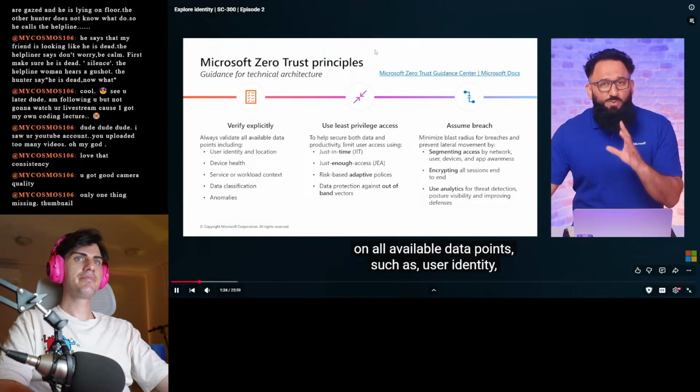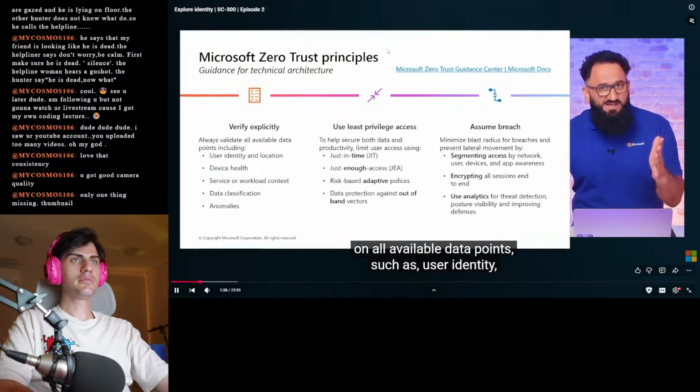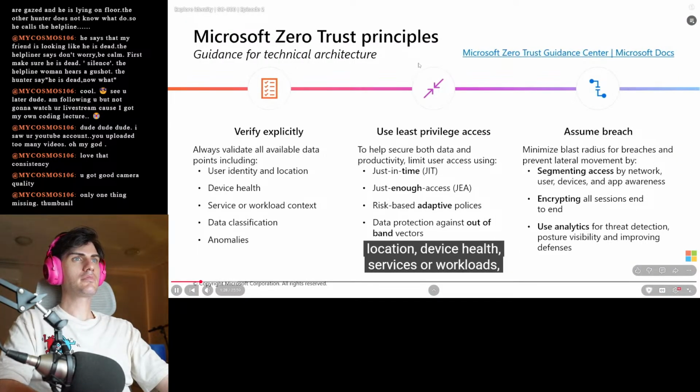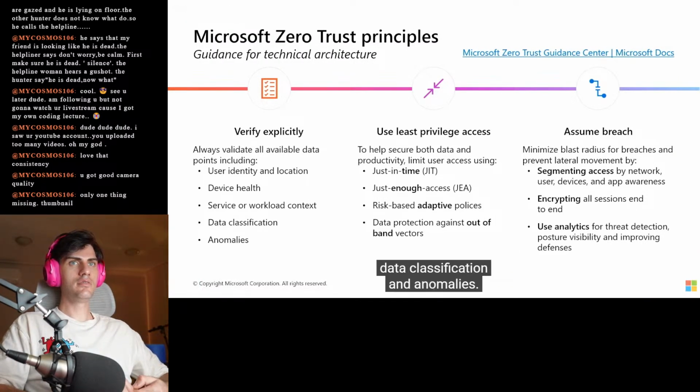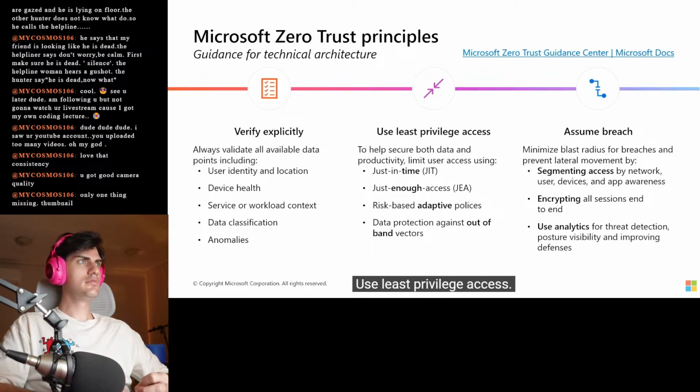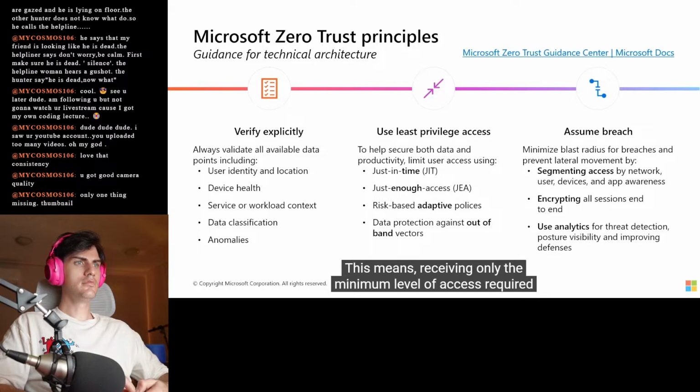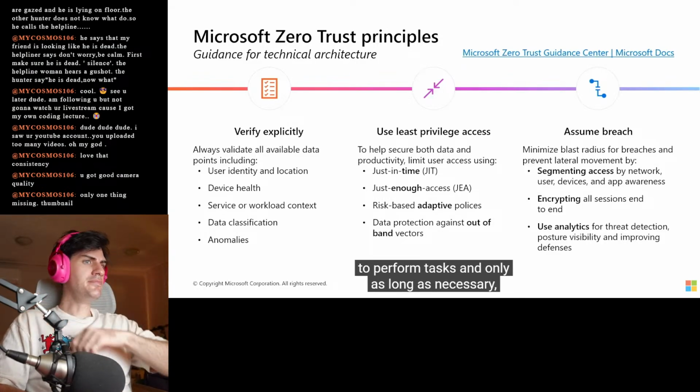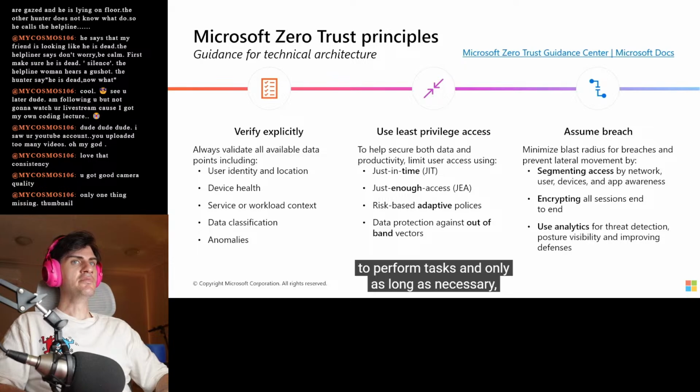Authorize based on all available data points such as user identity, location, device health, services or workloads, data classification, and anomalies. Use least privilege access. After verification, access should be granted based on the principle of least privilege. This means receiving only the minimum level of access required to perform a task, and only as long as necessary.